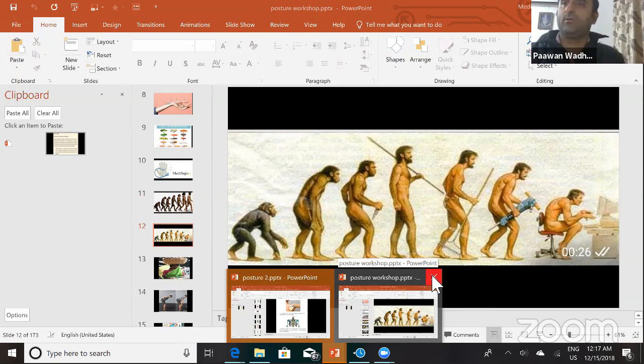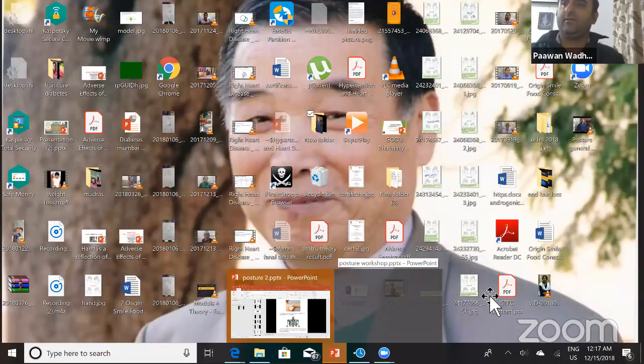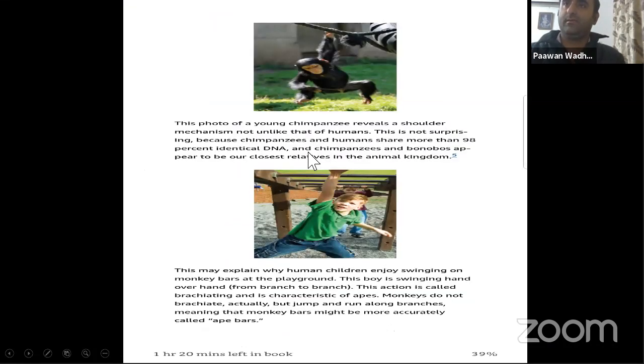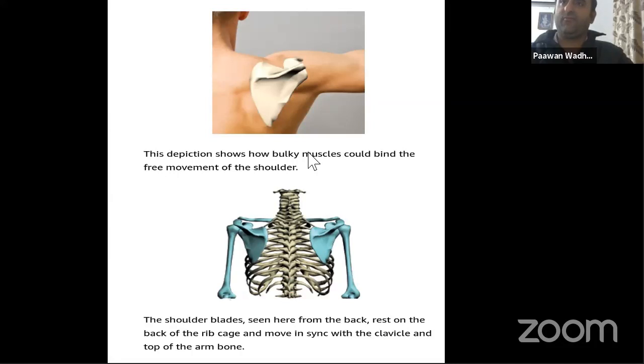See here, this depiction shows how bulky muscles could bind the free movement of the shoulders. So many bulky muscles are binding the free movements of the shoulder. The shoulder blades, seen here from the back, rest on the back of the rib cage and move in sync with the clavicle and top of the arm bone.